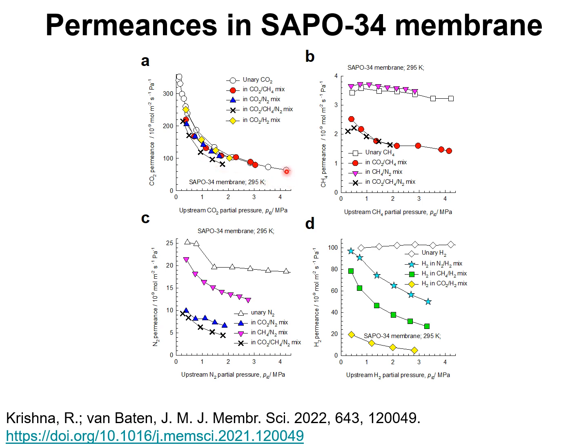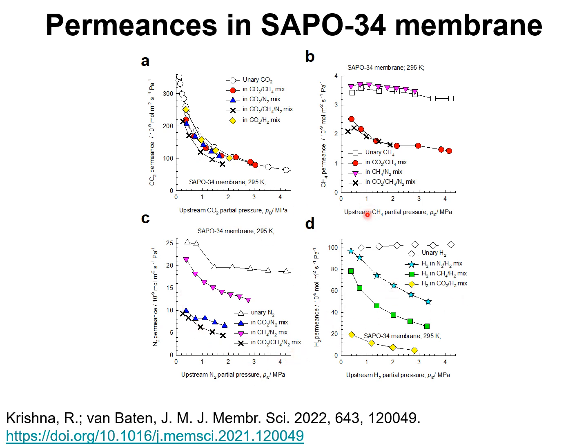For example, the component permeance of CO2 on its own is compared with the component permeance of CO2 in mixtures with methane, red circles, hydrogen, yellow diamonds, mixtures with nitrogen, blue triangles, and in mixtures with methane and nitrogen, crosses.